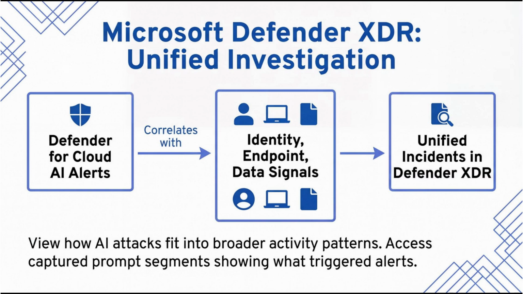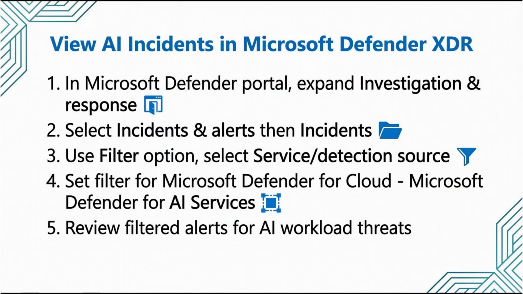Importantly, when enabled, you can view redacted prompt segments that triggered alerts, enabling precise root cause analysis without exposing sensitive data. In Microsoft Defender XDR, navigate to Incidents, filter by service/detection source, and select Microsoft Defender for Cloud, Microsoft Defender for AI Services to view correlated AI workload incidents with full investigation context.